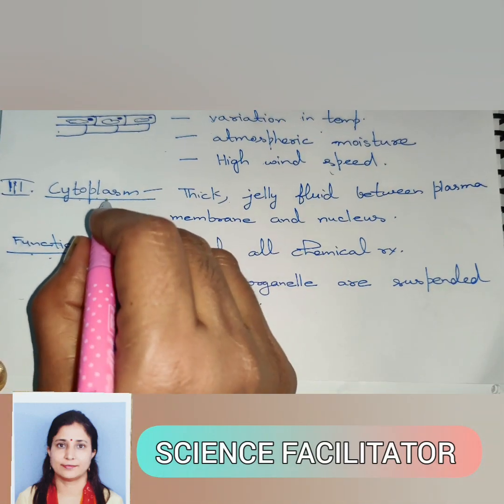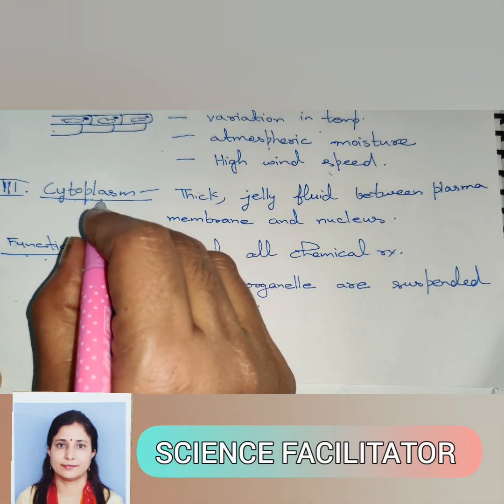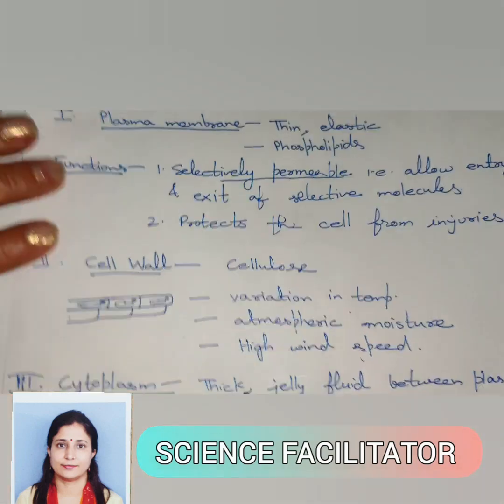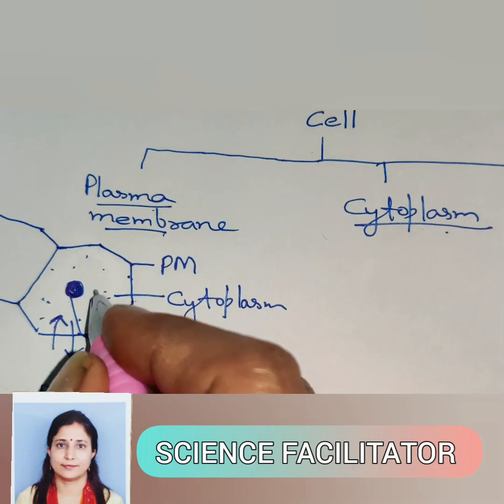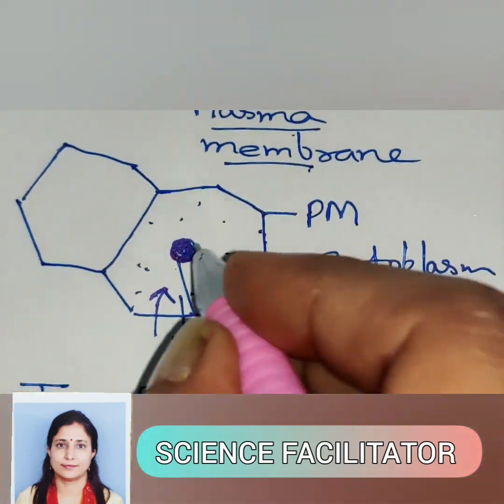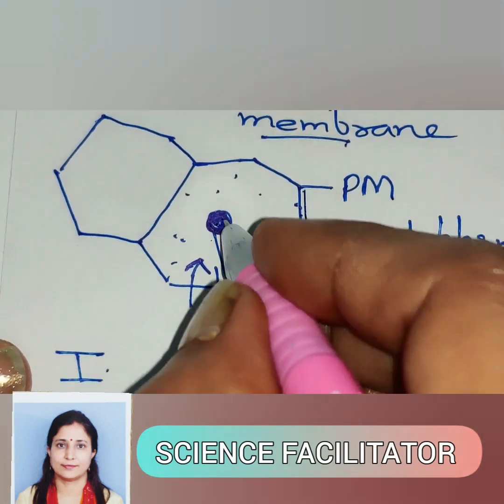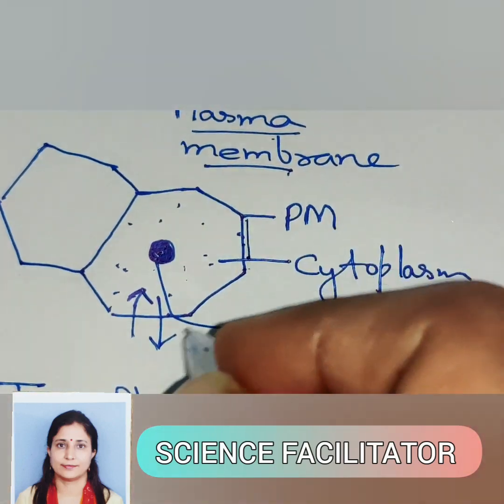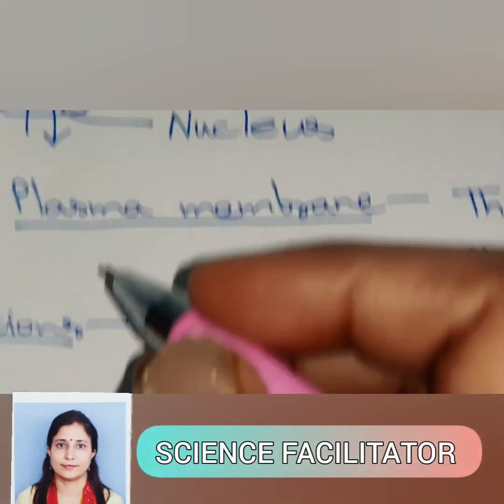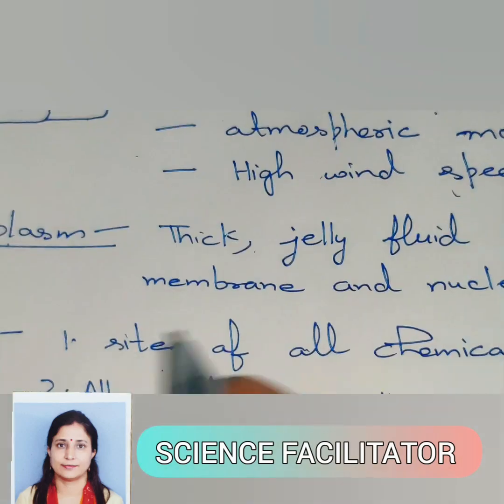Let's discuss another main component of cell, that is cytoplasm. Cytoplasm is thick jelly-like fluid surrounding the nucleus, between the plasma membrane and nucleus. So this liquid is cytoplasm.